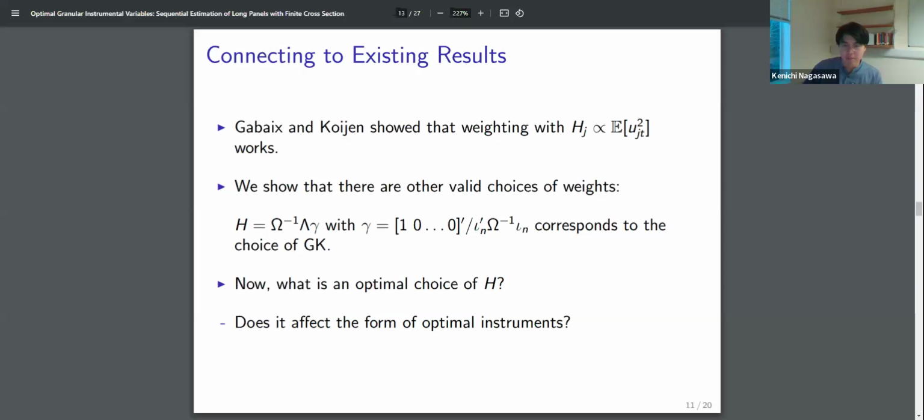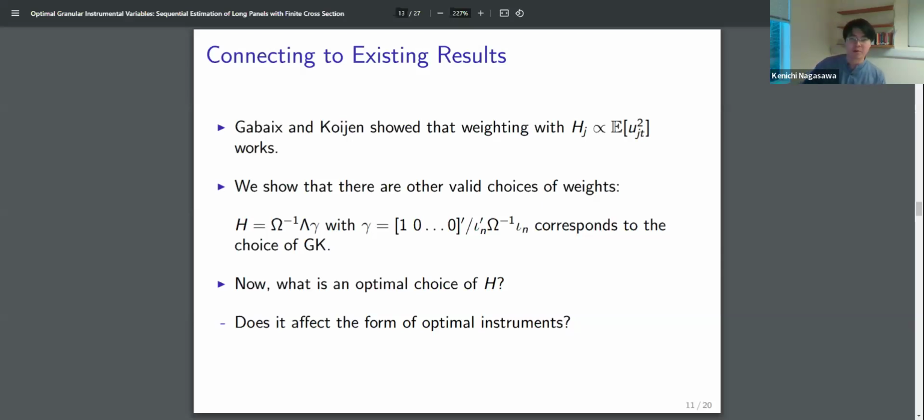They specifically show that the elements of H are proportional to the variance of the jth unit's idiosyncratic shock. They assume uncorrelatedness, but I guess the specific details don't matter.